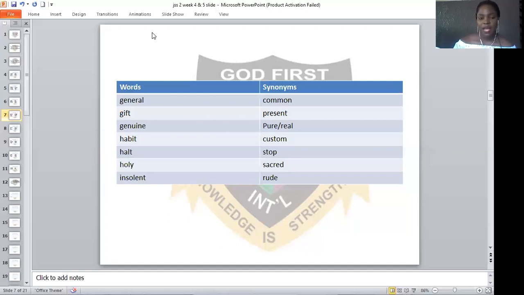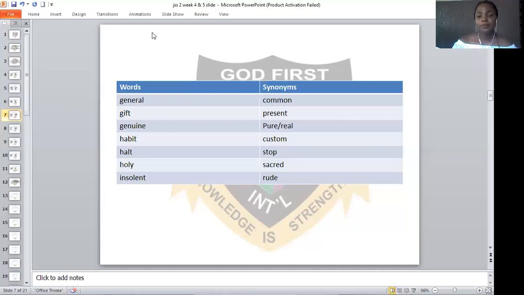Habit. She has a very bad habit. You can as well say she has a very bad custom, like habit, a way of life. Halt. She halted right before the stopover. So the synonym for halt in the sentence is stop. Like she stopped right before the stopover.